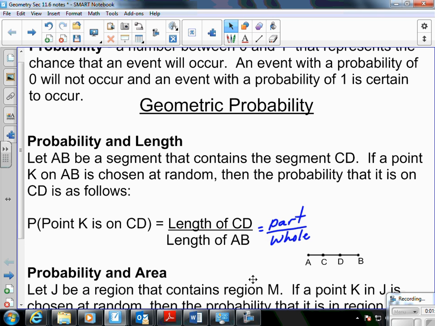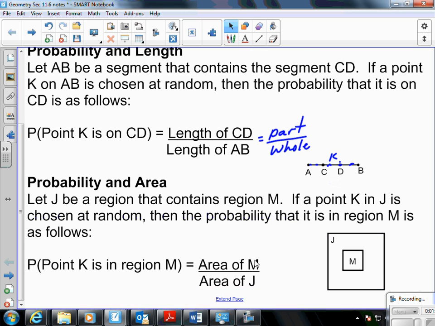So K could end up anywhere on there if we just randomly put a dot there, and we're looking at the probability that it's going to be in between CD.